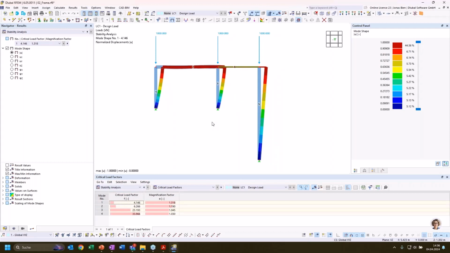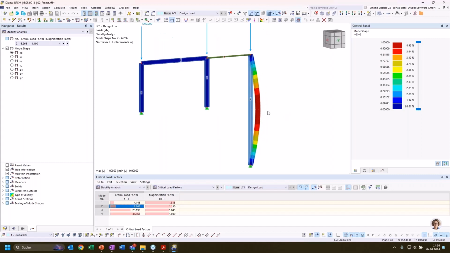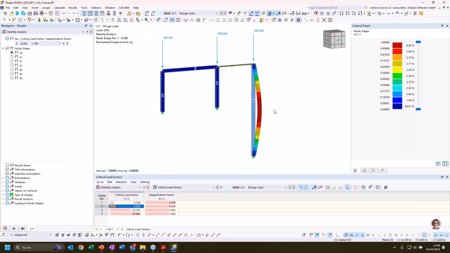And I want to quickly browse through these mode shapes together with you. The first one is some asymmetric lateral deformation of the two-hinged frame, and this connected pinned column is also moving with the two-hinged frame. Then the second mode shape would represent buckling of the longer column with the pin supports around the strong axis.